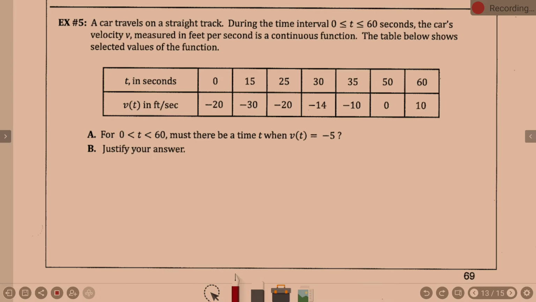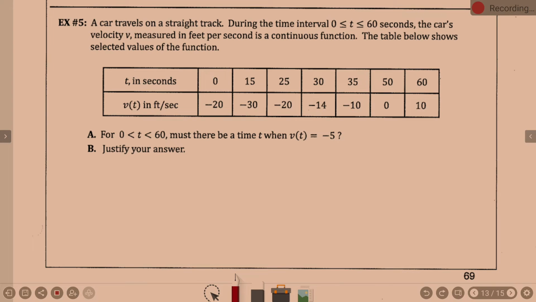A car travels on a straight track. During the time interval 0 to 60 seconds, the car's velocity, measured in feet per second, is a continuous function. The table shown below gives selected values of the function. So, there are 2 questions.